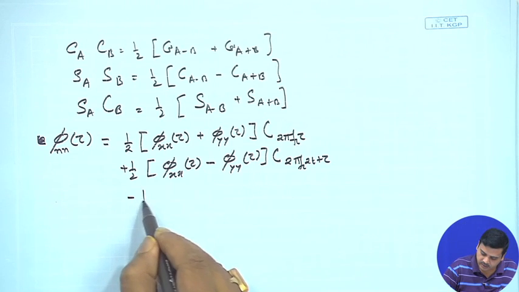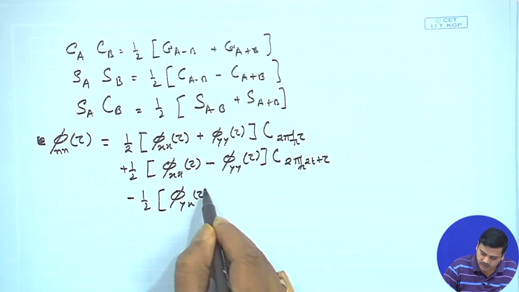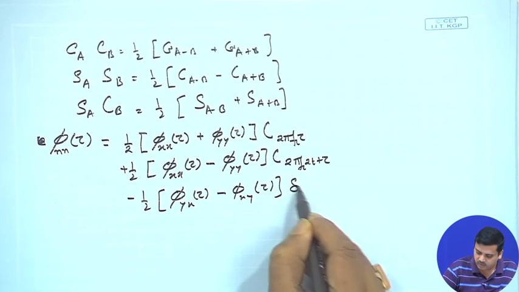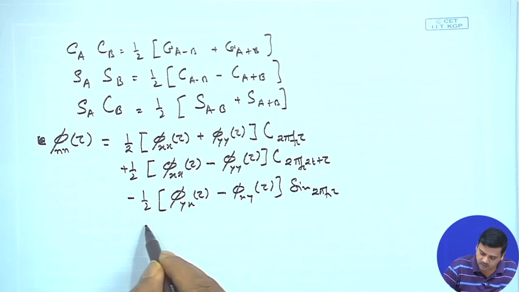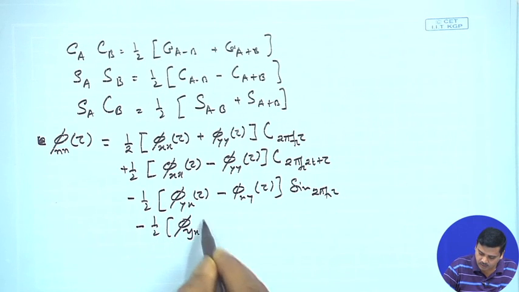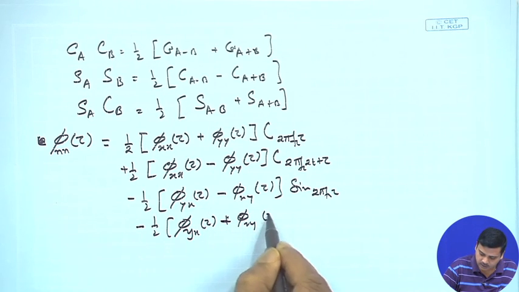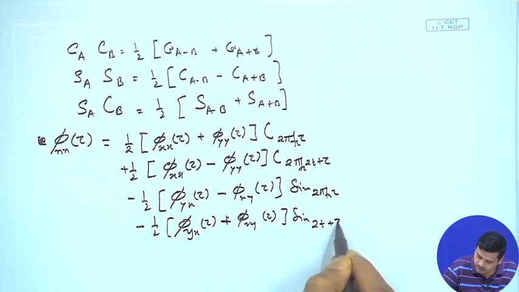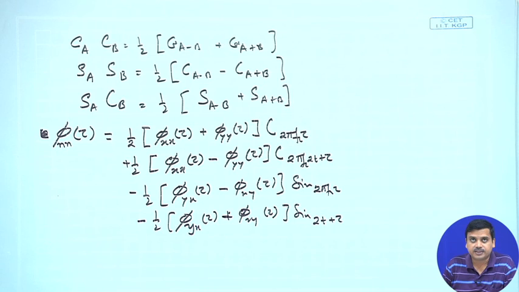Similarly, you are going to get other terms: (phi_yx of tau minus phi_xy of tau) times sine 2 pi f_c tau, and minus half (phi_yx of tau plus phi_xy of tau) into sine, in short I would write, 2t plus tau. We have said that n(t) is stationary.